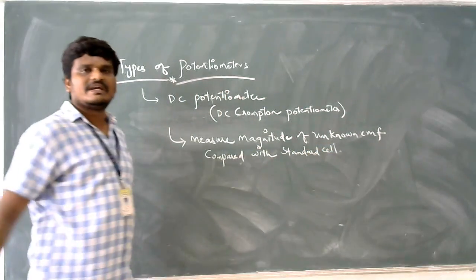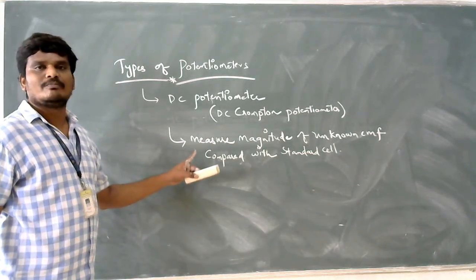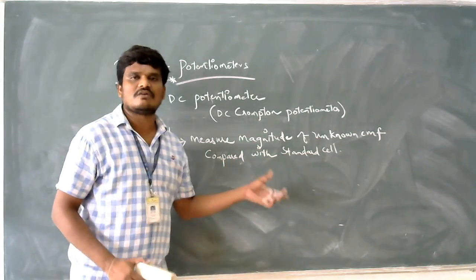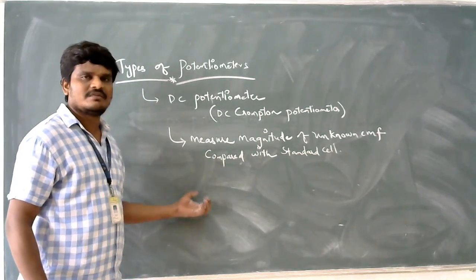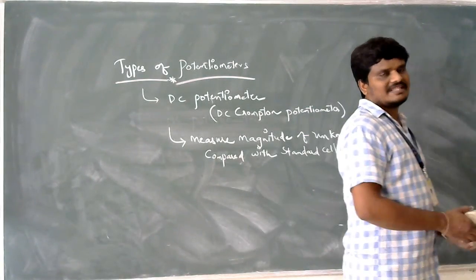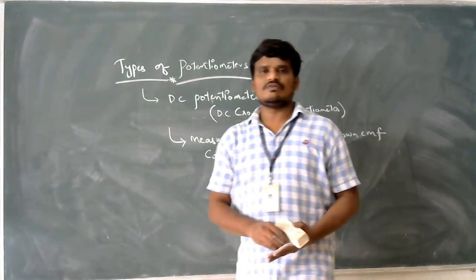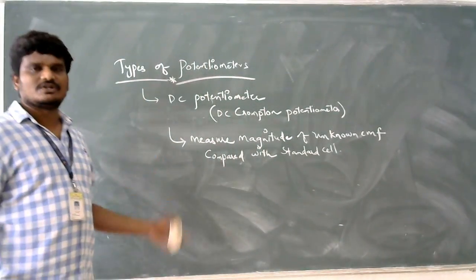So what is the main function of a DC CROMPTON potentiometer? It is used to measure the magnitude of unknown EMF compared with the standard cell voltage. Now we will go with the constructional details of a DC CROMPTON potentiometer.